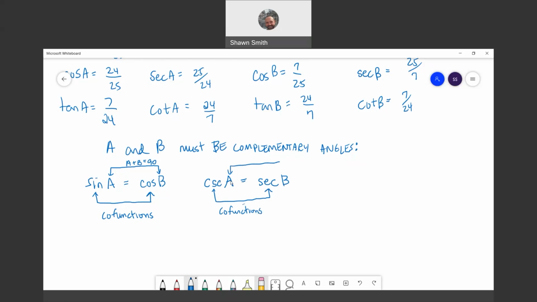And A and B total 90. And then the other one we could do is tangent and cotangent, right? So I could say tangent of, say, A has to be equal to the cotangent of B. So these are your cofunction identities, they call them.